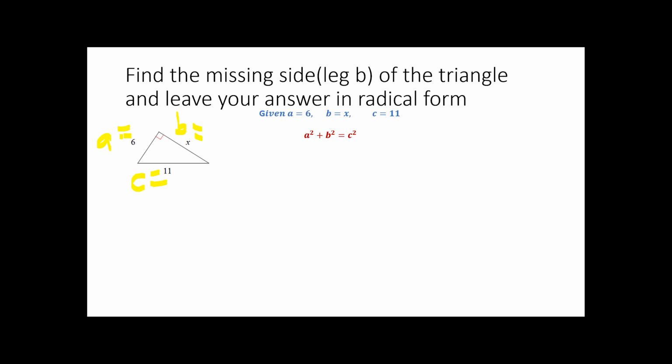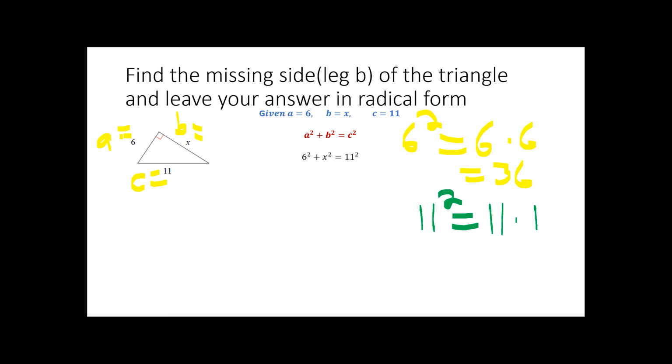So you have a squared plus b squared equals c squared. Plug it in. Again, 6 squared is 6 times 6, which is 36. 11 squared is 11 times 11, which is 121.